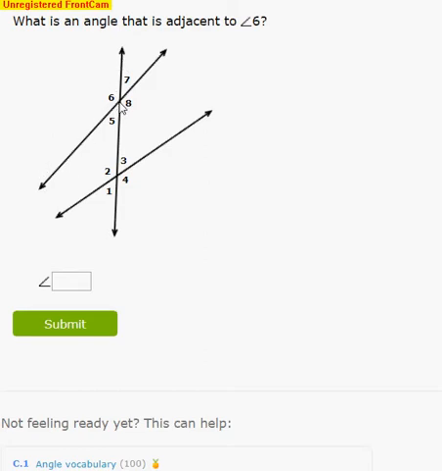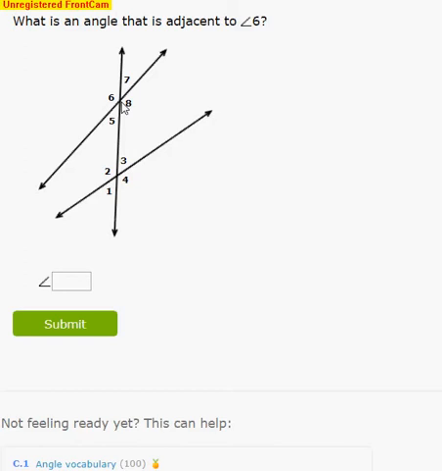Based on the definition of adjacent angle, it's an angle that's formed using a common side and the same vertex. So if I think about that definition, I say, okay, this is a side of angle 6, this is a side of angle 6, this is the vertex. Are there any other lines that meet here and share the same side?